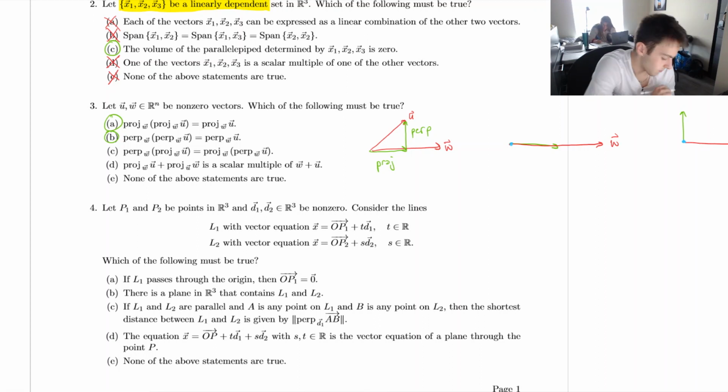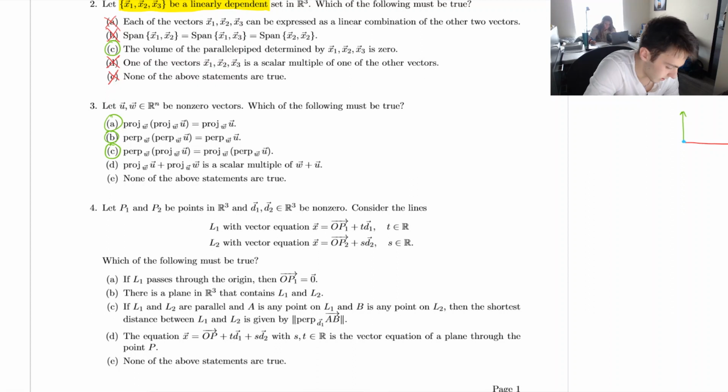So question D, we have the projection of u on w plus the projection of w on u is a scalar multiple of w plus u. So let's think here.